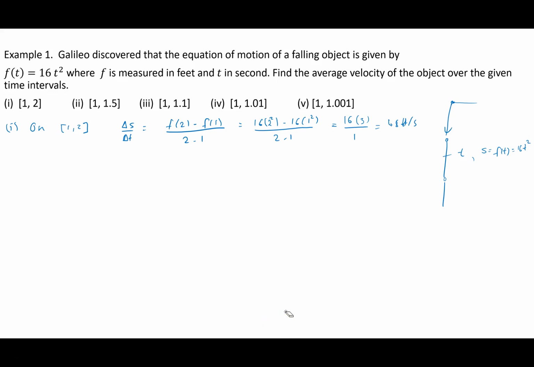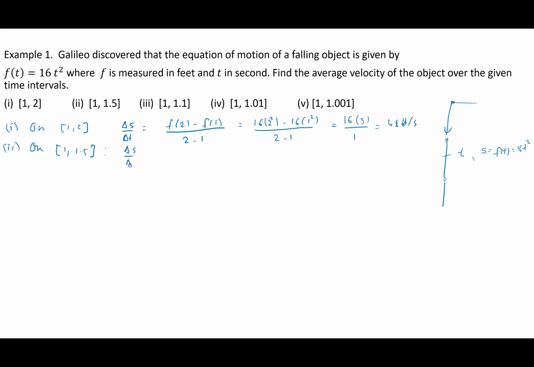Please make sure that you find the change in position and you divide that quantity by the change in time. It's a simple formula to compute. Also find the average velocity over the time interval 1, 1.5, exactly the same way.